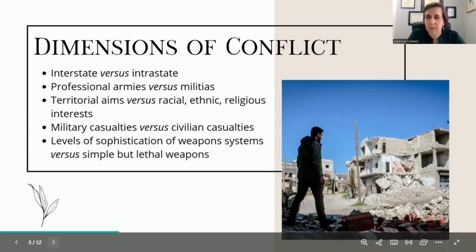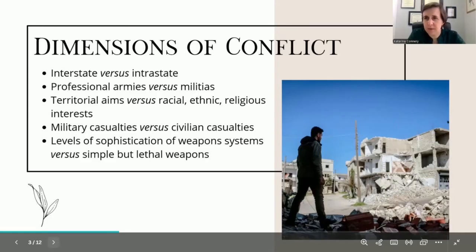It's not always black and white in terms of these interests. Many times they overlap and intersect. For example, a territorial interest can be connected to a religious interest. For example, if a particular location is spiritually significant to a particular religious group.